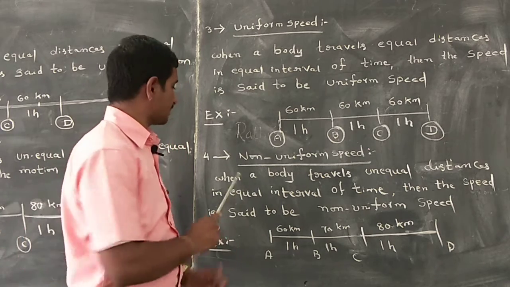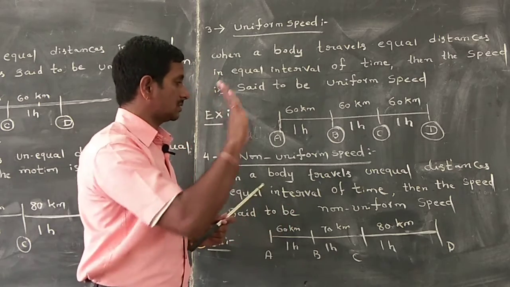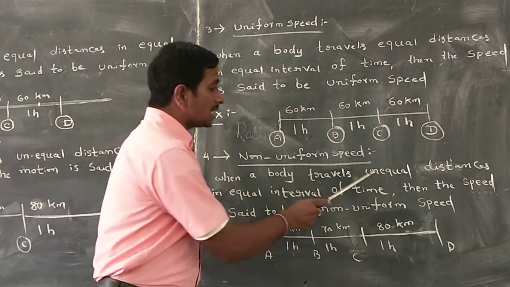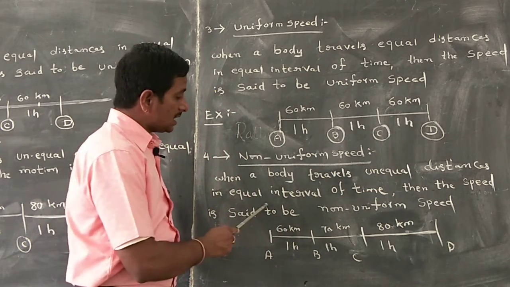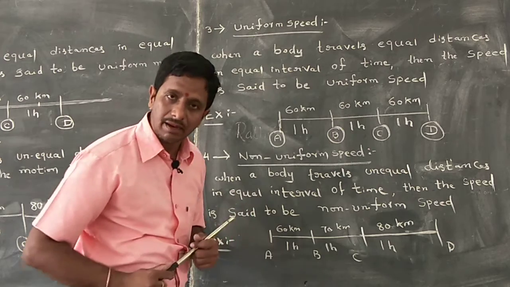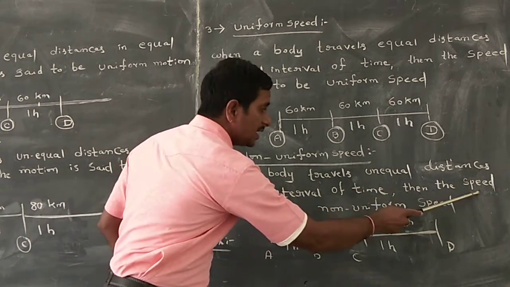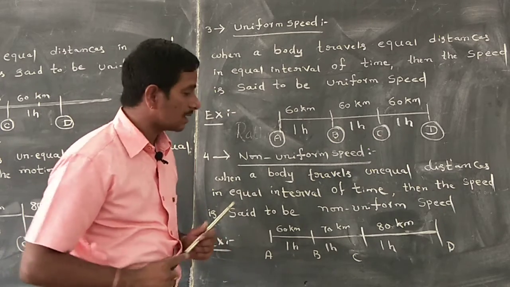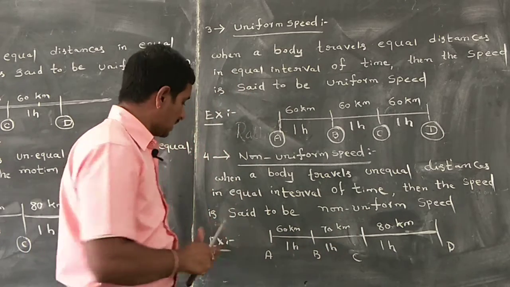Once again, when a body travels unequal distances in equal intervals of time, then the speed is said to be non-uniform speed.